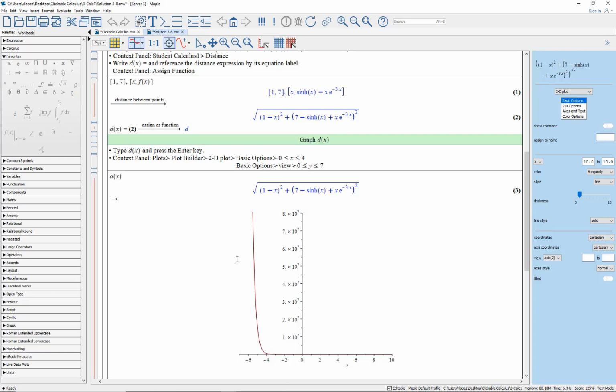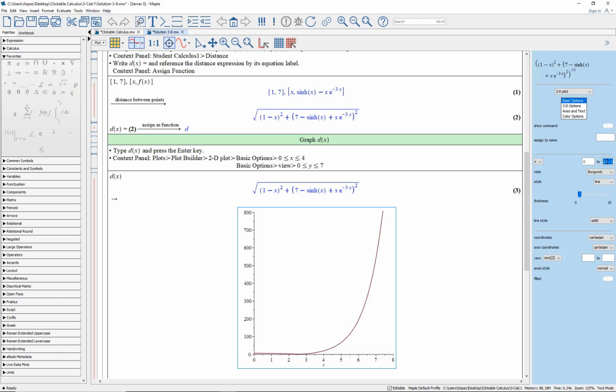And that gives me these great big numbers because you have hyperbolic sine and you have exponential. Let's change the domain. Well, this one should be 0. Left boundary should be 0. And from what we saw in the animation, 4 should be enough over here.